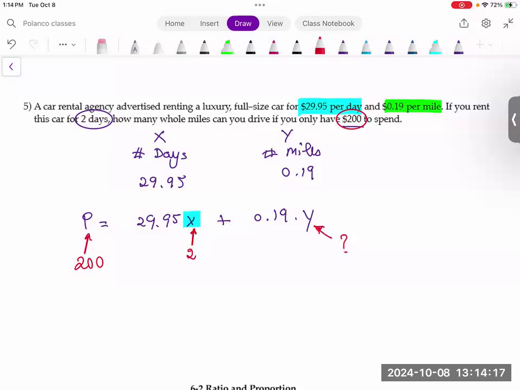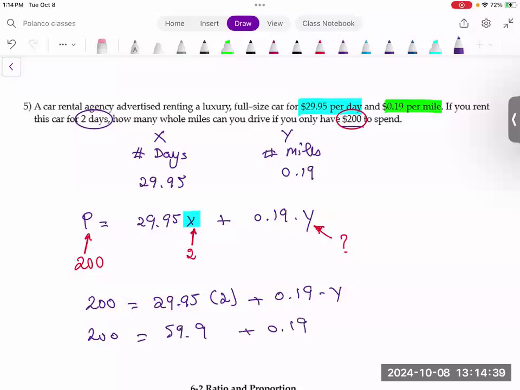So let's see, the equation will become 200 equals 29.95 times 2 plus 0.19 times Y. So 29.95 times 2 is gonna be 59.9 plus 0.19 Y. That's the equation, right? I'm about to do it right now. So minus 59.9 on both sides.